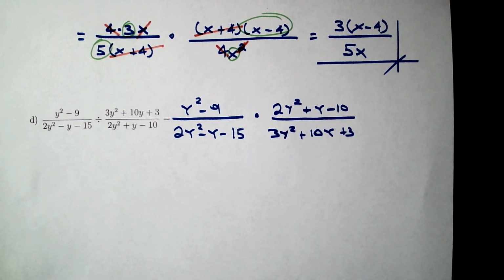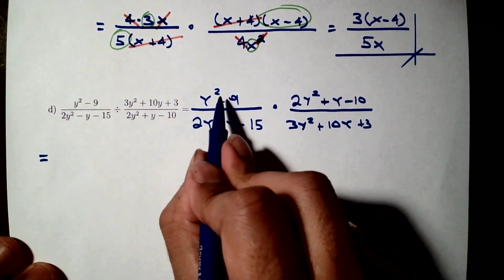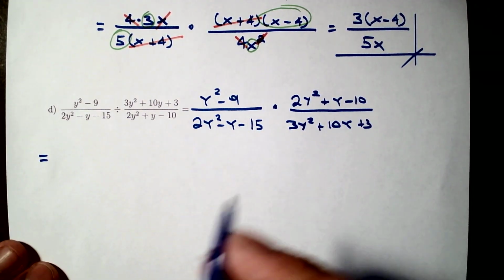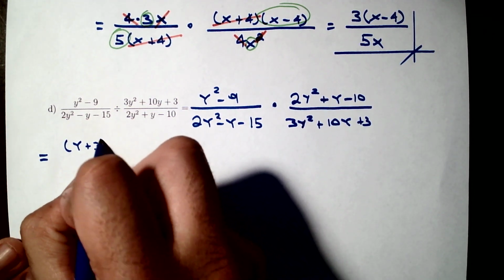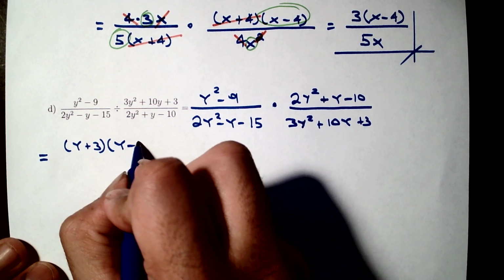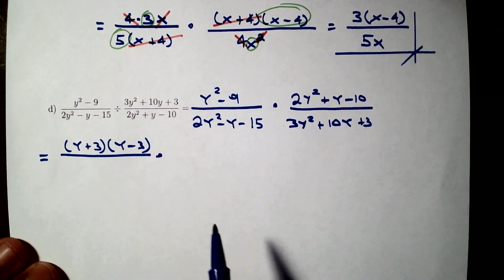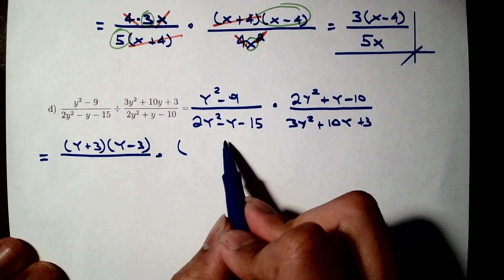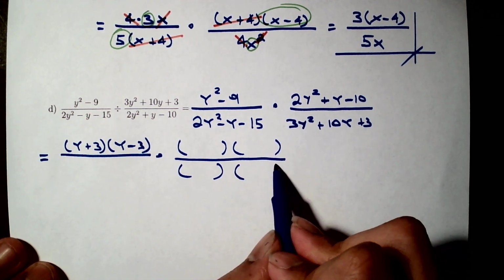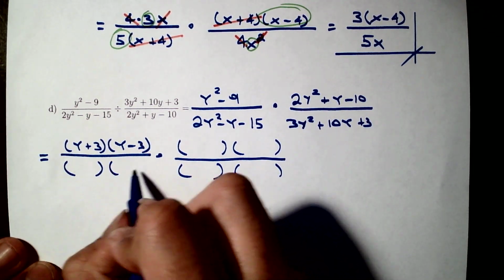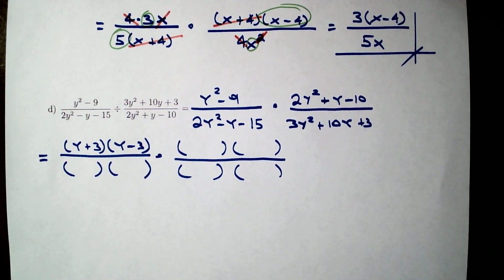All right, so for the first part of the factoring, all we can immediately do in this case is the difference of squares: y plus 3 times y minus 3. But for the other polynomials, we are going to need the diamond method for all three.